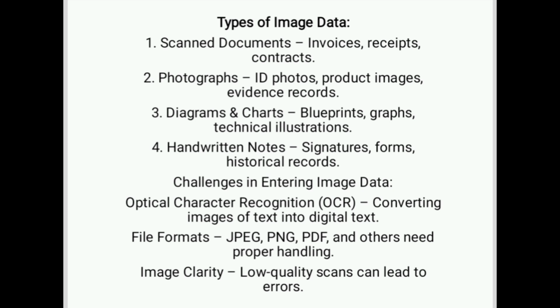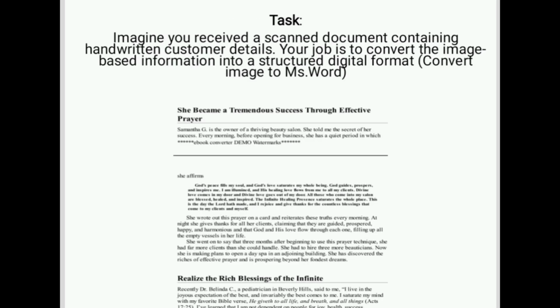And here are some of the challenges in entering image data. Number one, we have optical character recognition, what we call OCR, that is converting an image to digital text. Number two, we have file formats: JPEG, PNG, PDF, and others. And lastly, we have image clarity. Low quality scans can lead to errors.